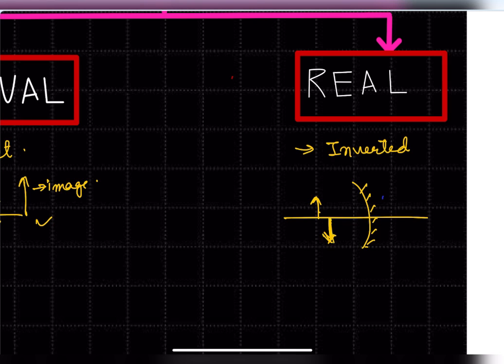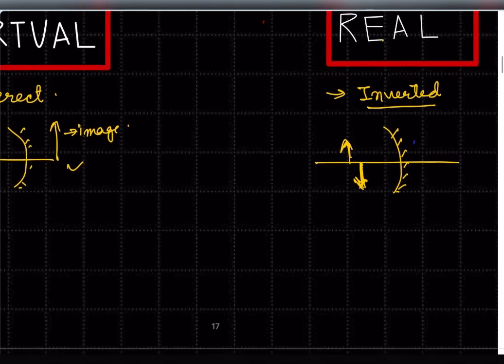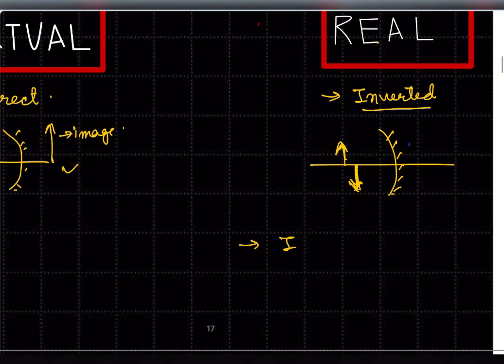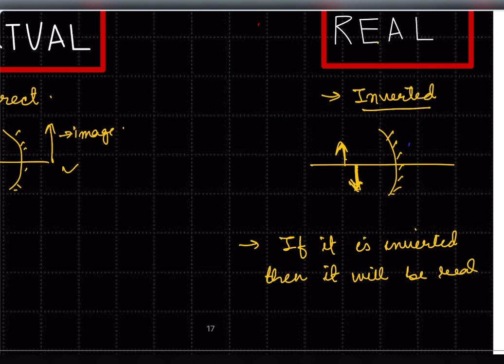This is inverted, right? Opposite. If it is inverted, it will be real. This is fixed. The thumb rule is, if it is inverted, then it will be real. In the case of a mirror, a similar condition applies.